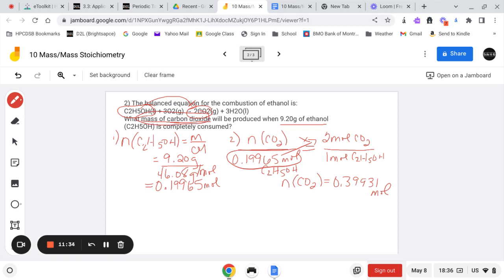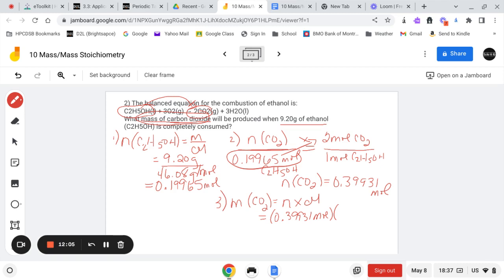So I have to calculate the mass of carbon dioxide. I only know the mole value. So we're going to do a third step, and we're going to set up the mass of CO2, which is taking moles times the molar mass. So we take 0.39931 mole, and then the molar mass of carbon dioxide is 32 for oxygen and 12.01.